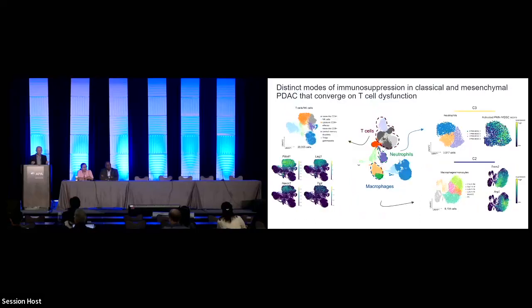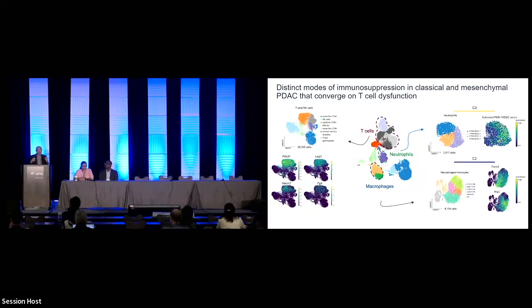When we have a closer look in the single-cell RNA-seq data, we clearly see that these C3 tumors, which are very differentiated tumors, have a neutrophil infiltration which is reminiscent of MDSC, so myeloid-derived suppressor cells with a high immunosuppressive score, whereas in the mesenchymal tumors, we see a lot of macrophages, which express, for example, arginase and have a more M2-like phenotype, which is again immunosuppressive.